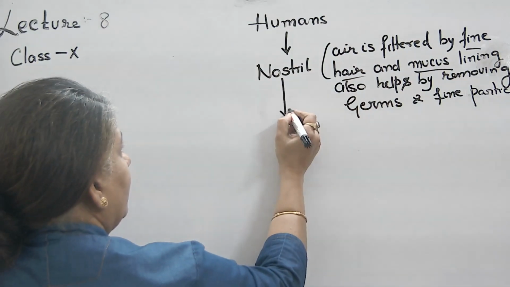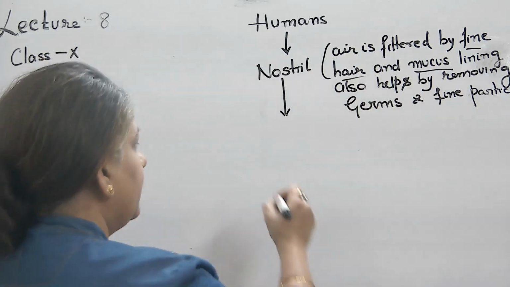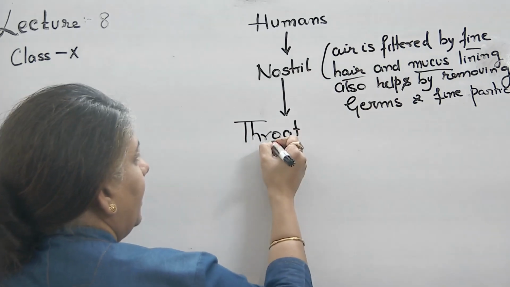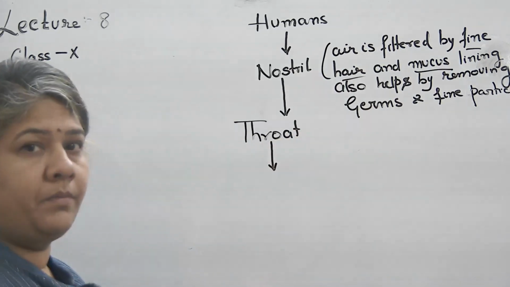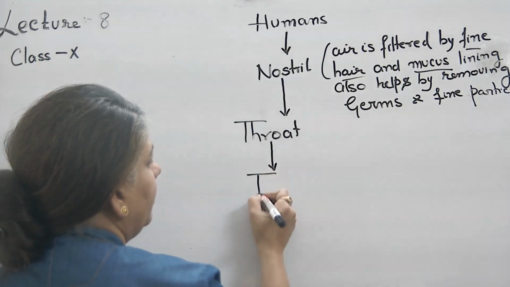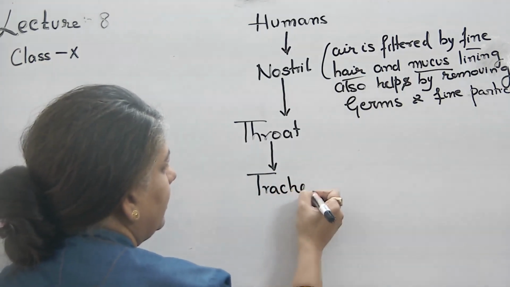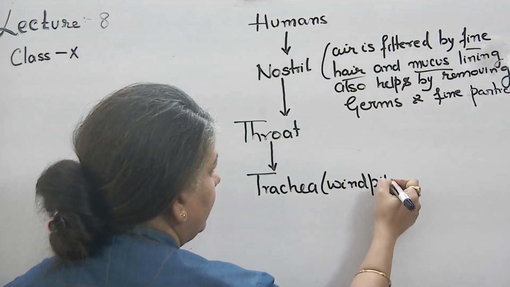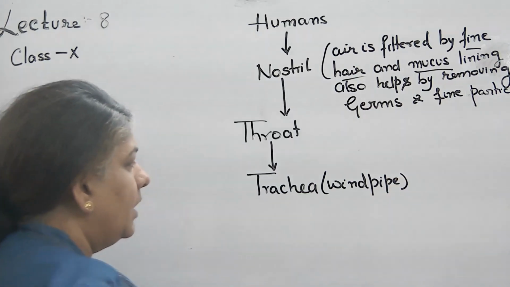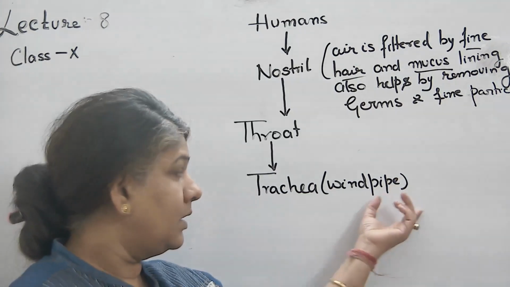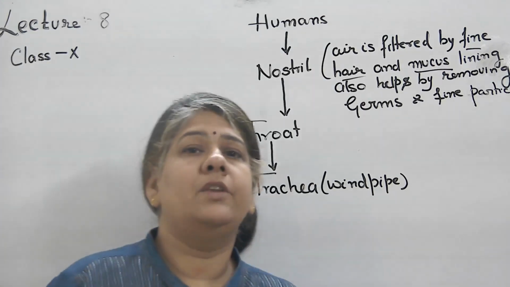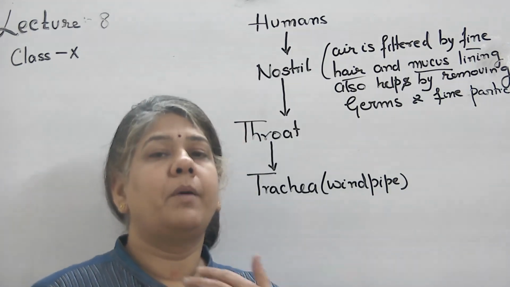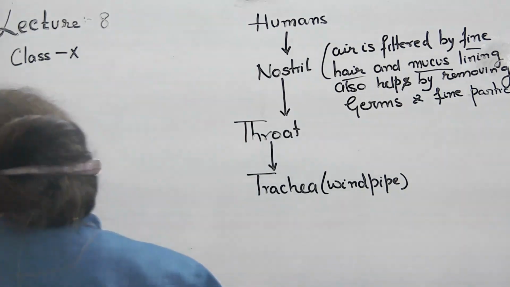Now from the nostril, the air enters the throat region, and down the throat, air passes through the trachea, or the windpipe. Trachea is lined by rings of cartilage. You can feel it in your neck. If you run down your finger, you will see rings are present, and this is called ring of cartilage.